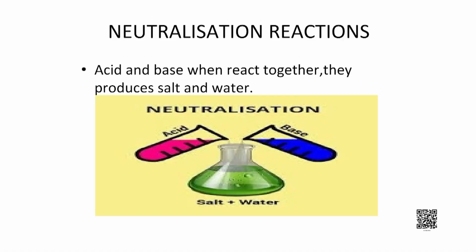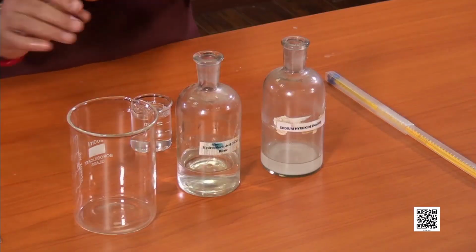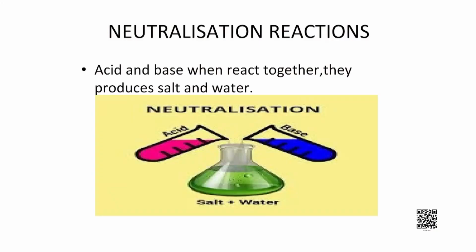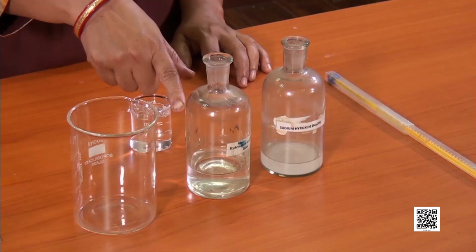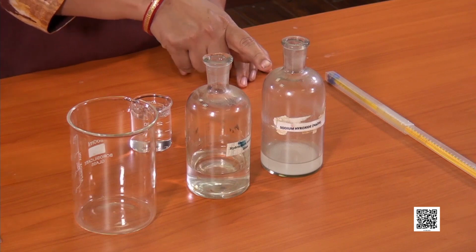What is neutralization reaction? Neutralization reaction is the reaction between an acid and a base, which results into salt. That is how the salts are formed, that I am going to show you through one simple activity, that is neutralization reaction. So we have here the two compounds which are required for neutralization reaction, that is one acid, hydrochloric acid, and one base, sodium hydroxide.